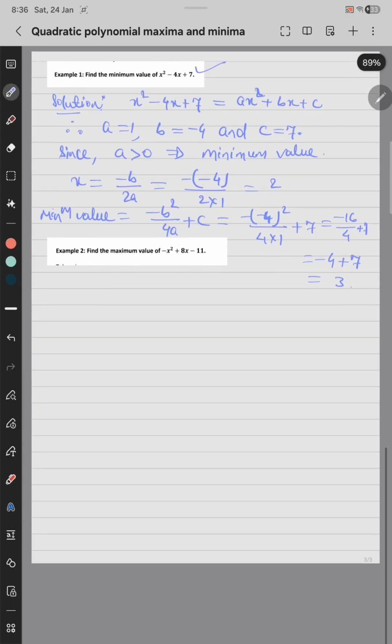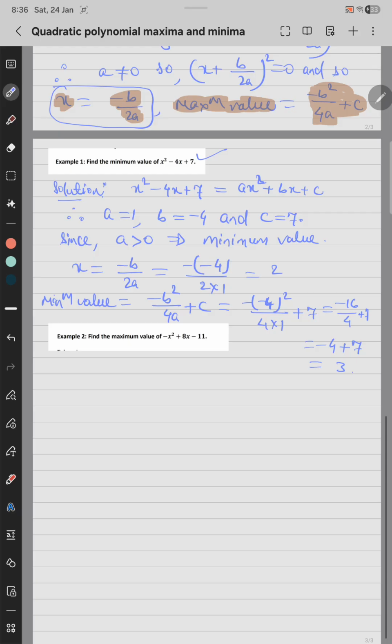Look at this question, students. Here we have to find the maximum value, since we know that a is equal to minus 1, b is equal to 8, c is equal to minus 11.